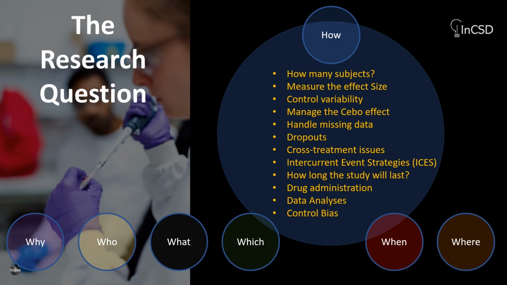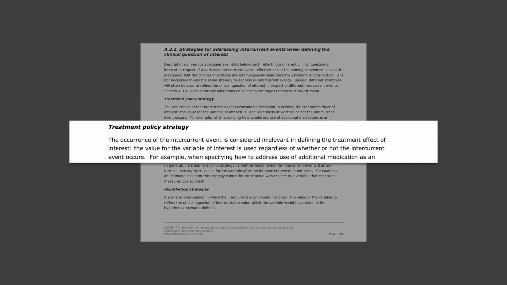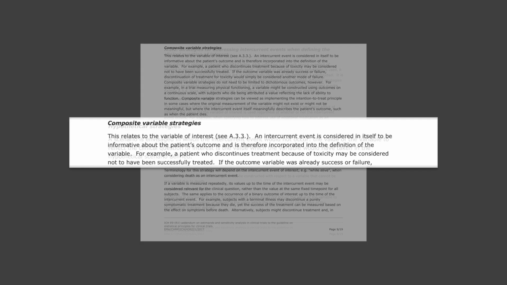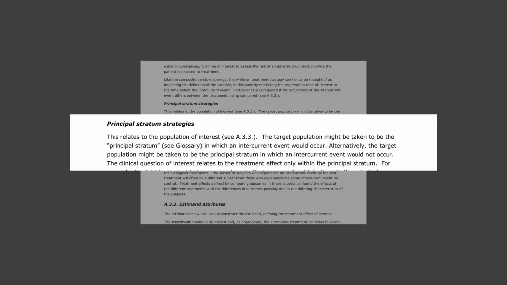I will address intercurrent events and intercurrent event strategies in detail in a later presentation. But for now, the key takeaway is that there are several intercurrent event strategies to consider. For example, treatment policy, hypothetical, composite, while on treatment, and the principal stratum strategy.